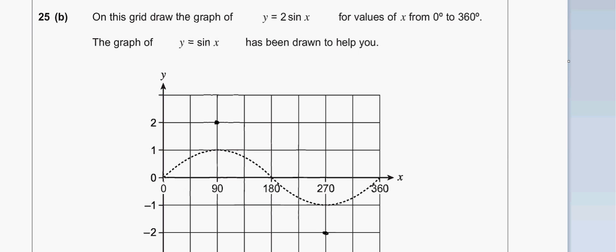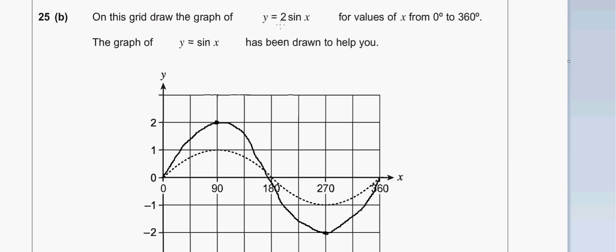So our graph will come all the way up here, will still come down at 180, will just kiss here and then come up. Okay, so 2 sine x means that these high points are lifted and dropped.